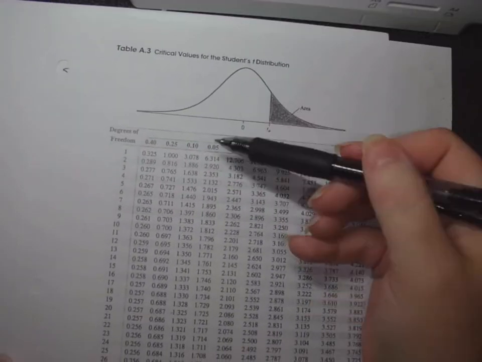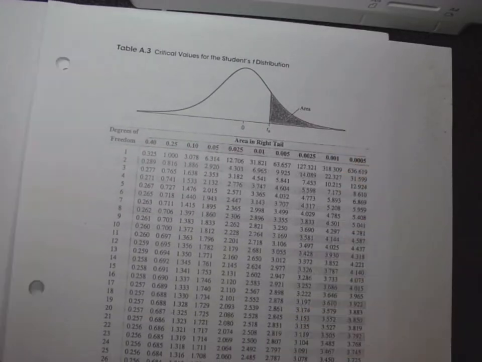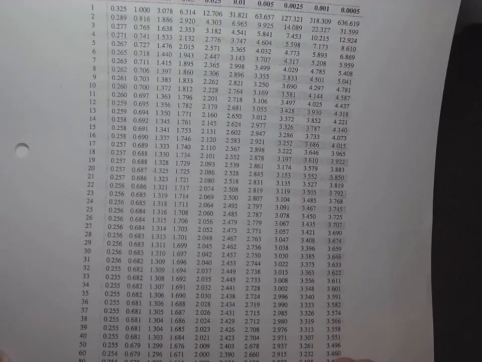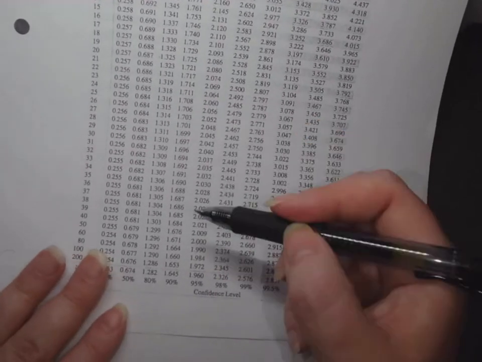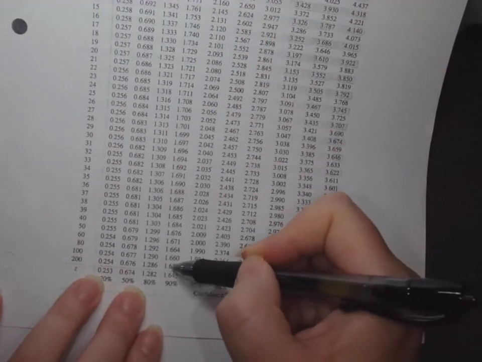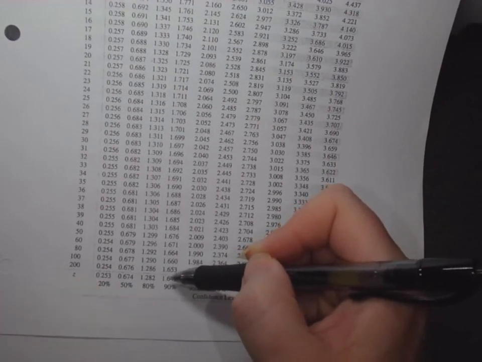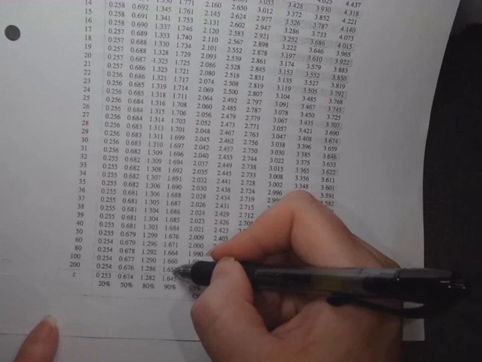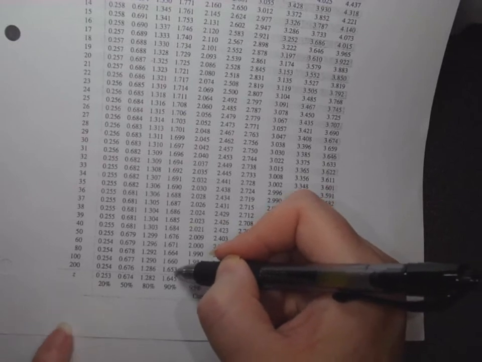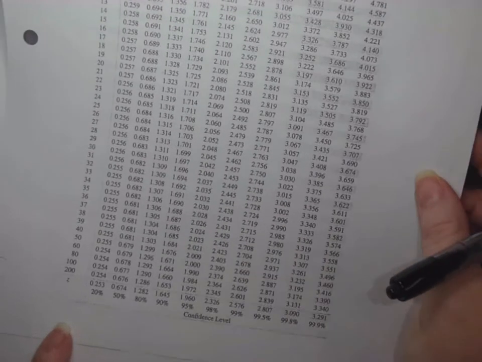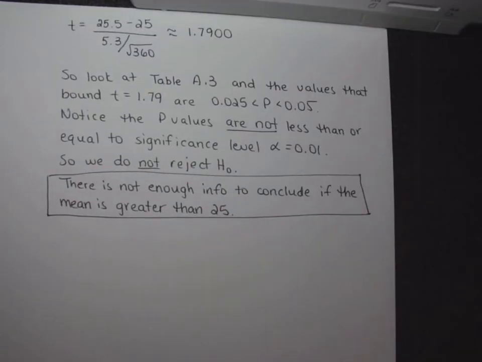So here's 0.05, and you just come down here, okay, and notice that whether we use this one or this one, these values are not outside of our test statistic, okay. So they're not more drastically different from the mean, so we still would not reject it. So that's the other way that you can use if you want to make a decision on the conclusion.